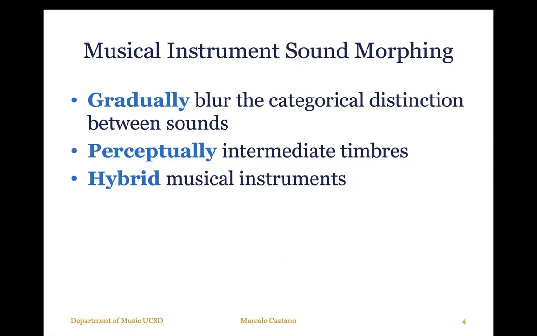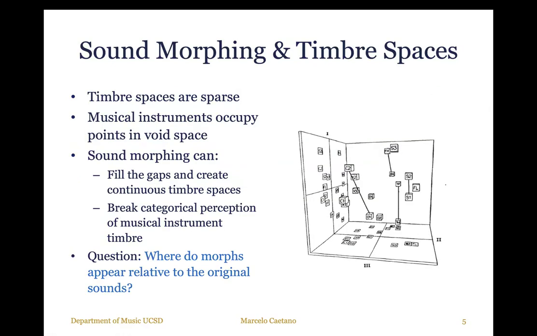So the idea is, when you are perceptually in the middle, you would create the sensation of a hybrid musical instrument. When we think about sound morphing in the context of timbre spaces, timbre spaces are sparse, and the musical instruments occupy specific points in what is otherwise void space.